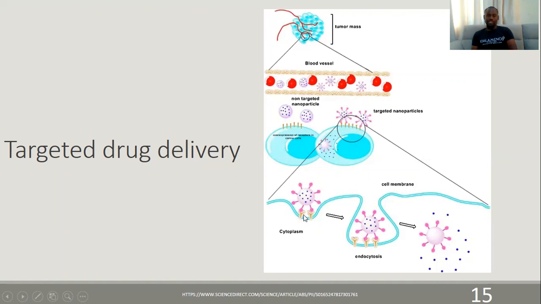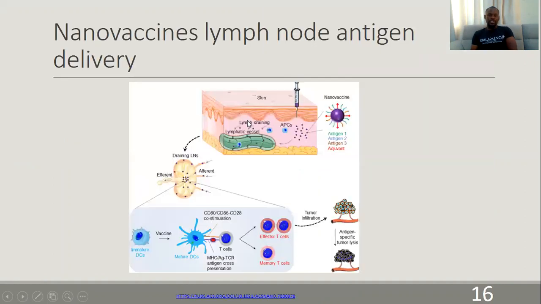These structures allow them to interact with the receptors on the surface of the cell, and thus they can enter into the cell and release the antigen within the cell, and thus lead to the whole process of immune system activation.